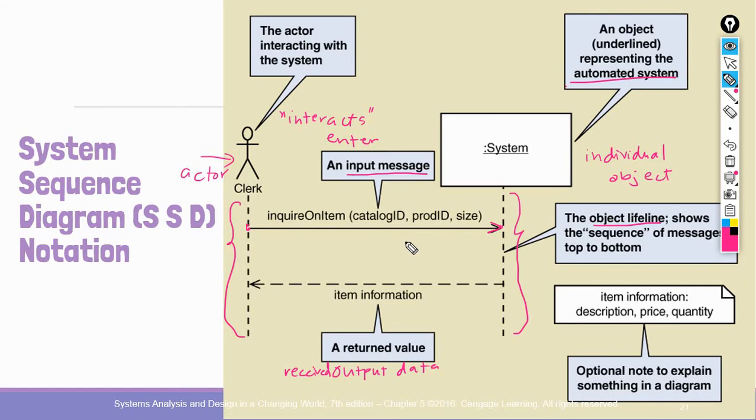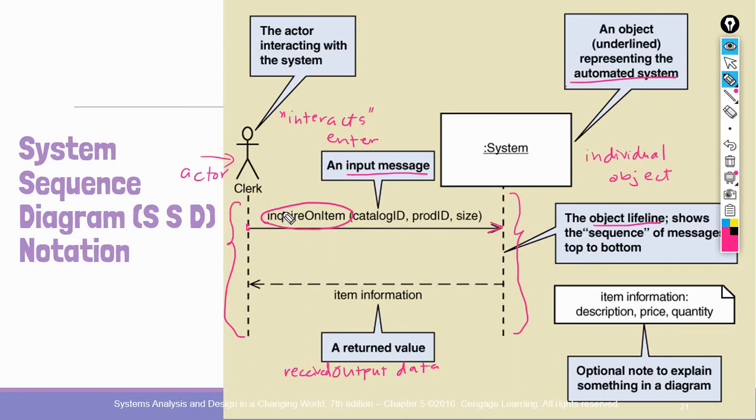A message is labeled to describe its purpose and any input data being sent. So the message name should follow the verb-noun syntax to make the purpose clear. The syntax of the message label has several options. The simplest form is shown in this figure.